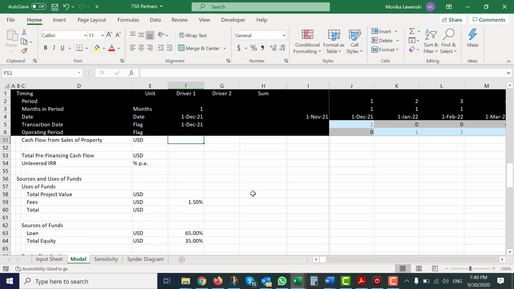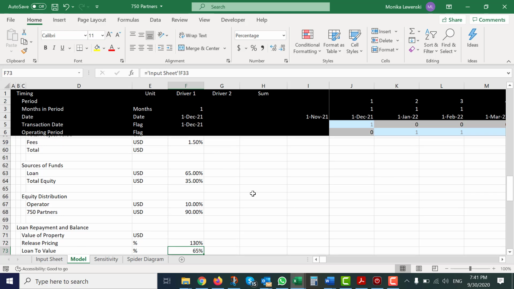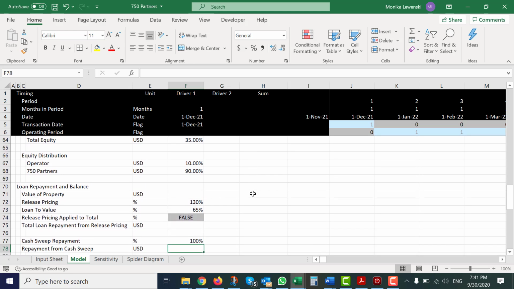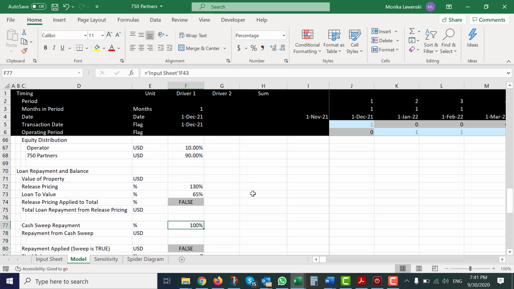For me, setting up this sources and uses of funds is absolutely essential in anything other than a corporate model. Once we have that, then we'll start our loan balance. Now, the hardest thing about the loan balance is the repayment. We'll put in how much this release pricing business is, and then our loan to value, and we're going to put two methods.